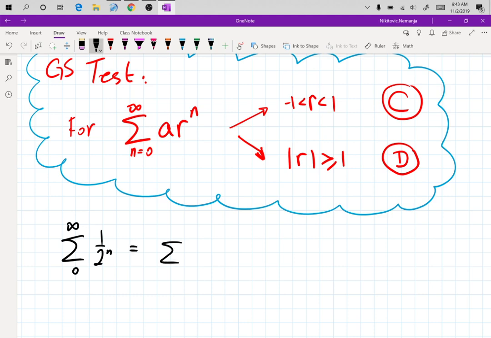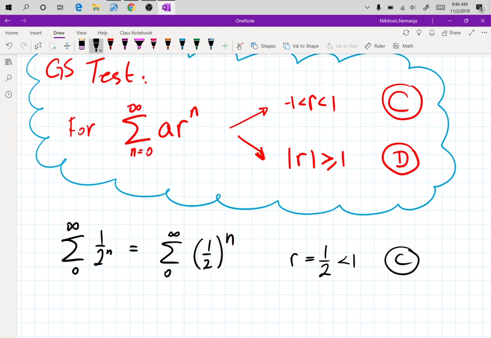Well, I'm going to write this as 1/2 to the n. And now when you compare the two, how much is your r? r is 1/2. And that's less than 1 and it converges.